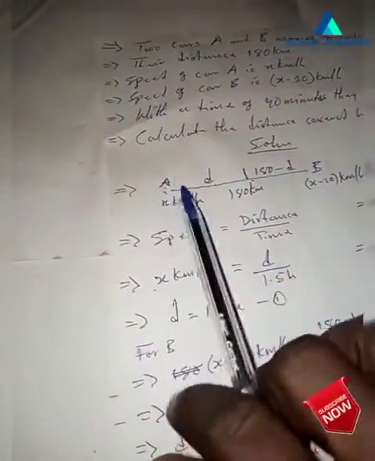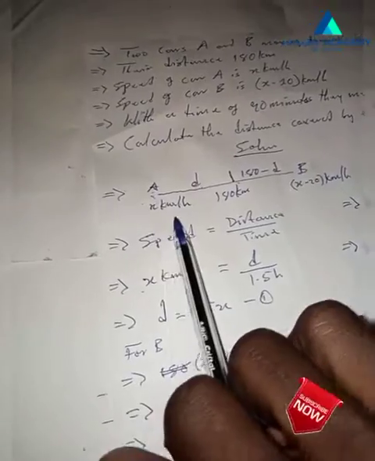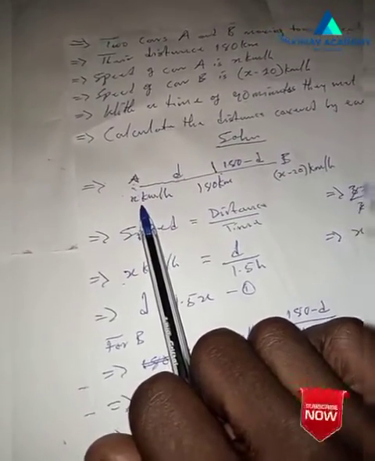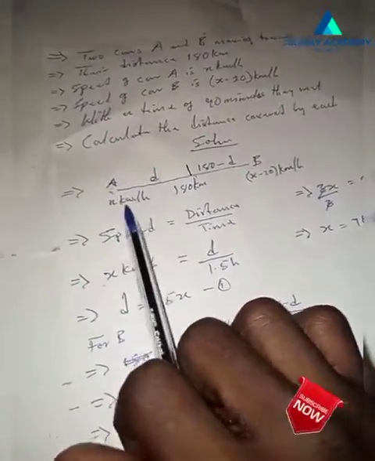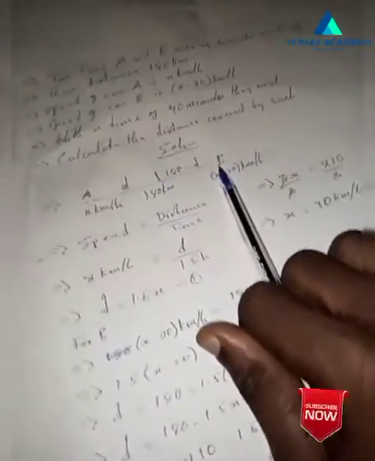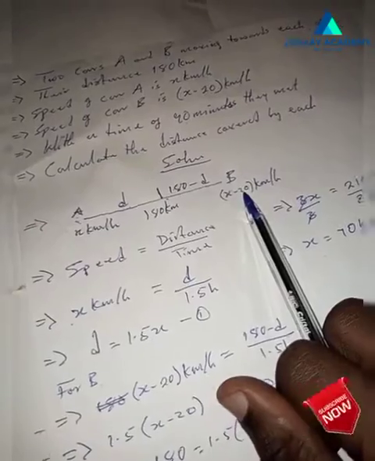Good. So meaning that the speed of car A is 70 kilometers per hour. Car A was moving with a speed of 70 kilometers per hour. Then for B, we know that the speed of car B is x minus 20.